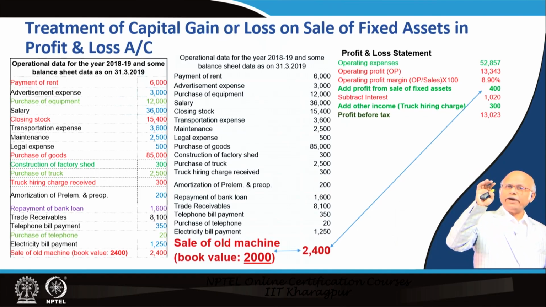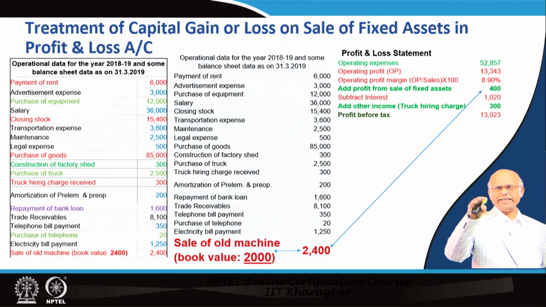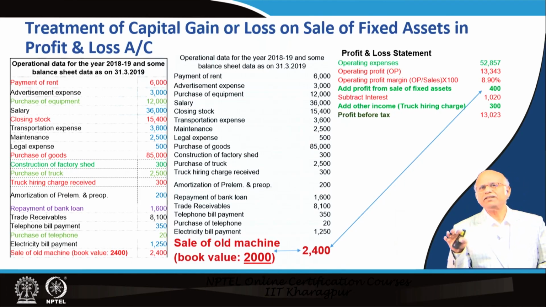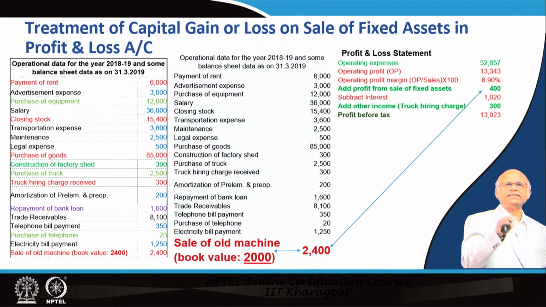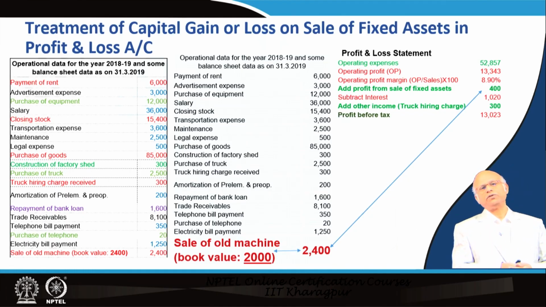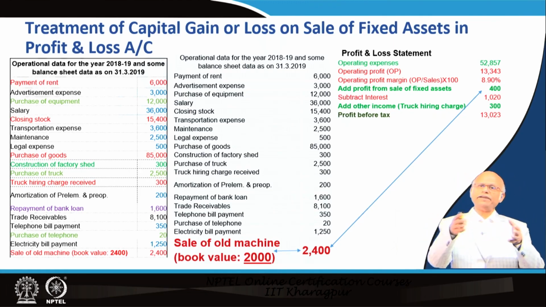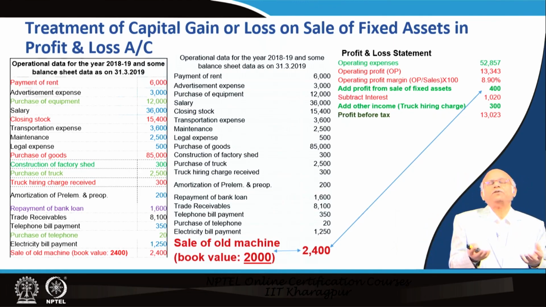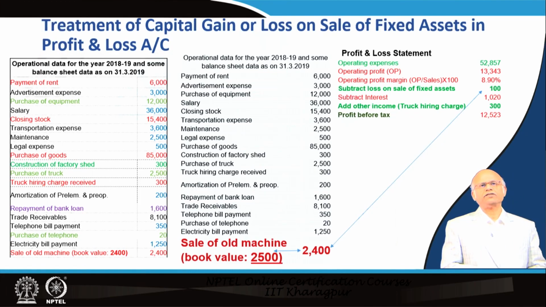So, while you estimate operating profit at the end, when you deduct interest, you add this income and then you estimate the taxable income, because you have to pay tax on this amount, and that is why it has to be credited to your profit loss account. So, you add 400 in the profit loss account as if you have earned this money, your taxable income goes up, your income tax goes up.